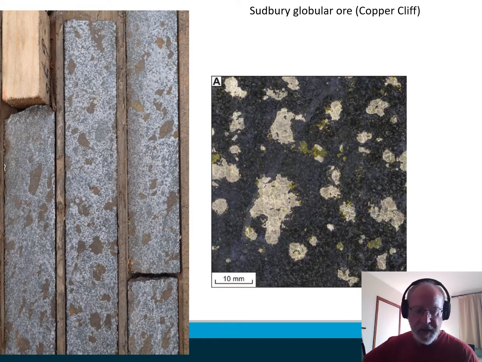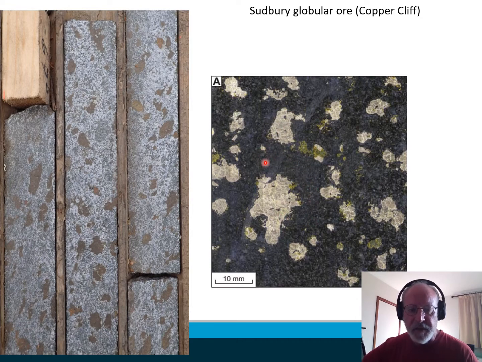I don't really have time to go into where this particular sample came from, but this is a particularly common texture you see at Sudbury, where you've got these quite irregular, funny-looking globules of sulfide sitting in a matrix of silicate.